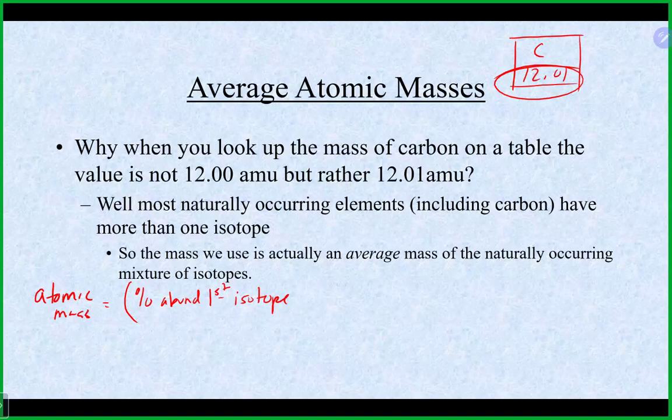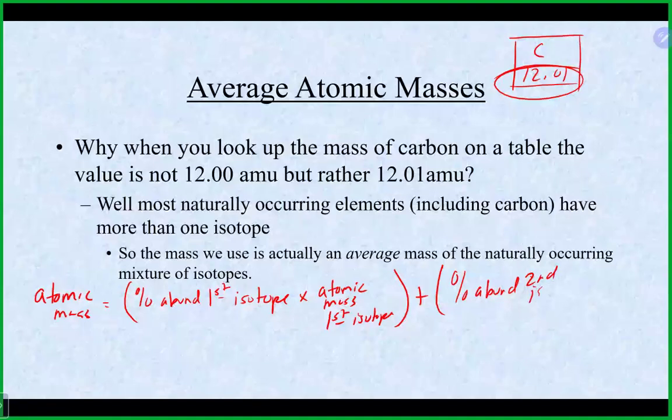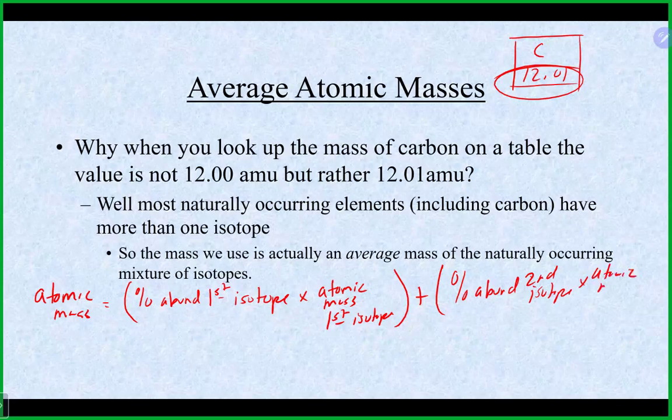We multiply that by the atomic mass of the first isotope. Then we add it to the percent abundance of the second isotope times the atomic mass of the second isotope. We would continue this pattern if we had 3 isotopes, or however many isotopes we had.